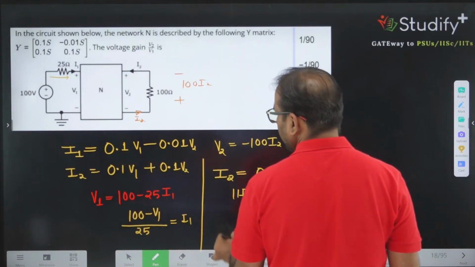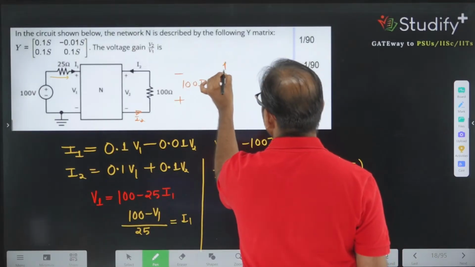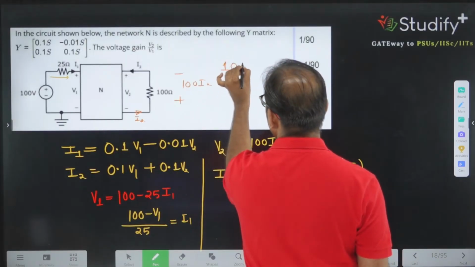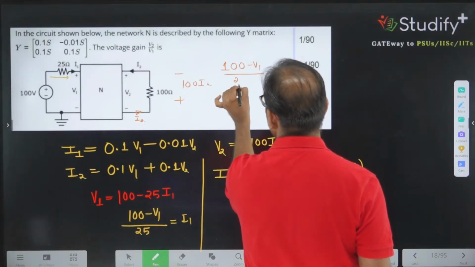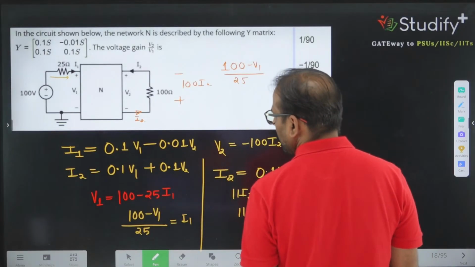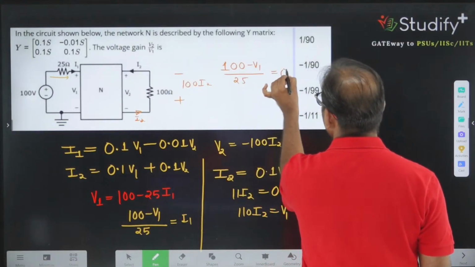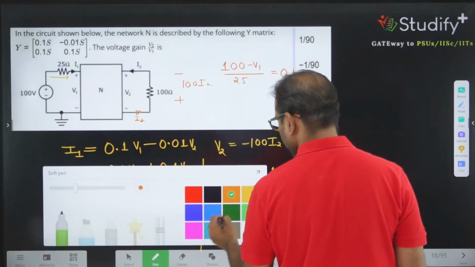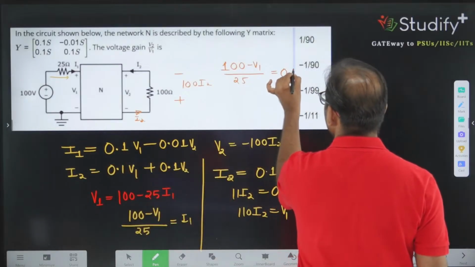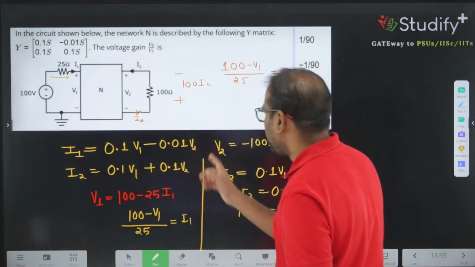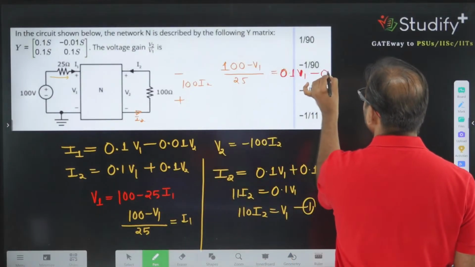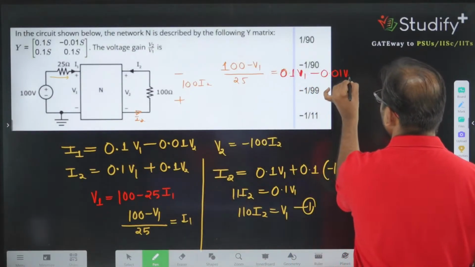So can I say (100 minus V1) divided by 25 is equivalent to 0.1 V1 minus 0.01 V2.